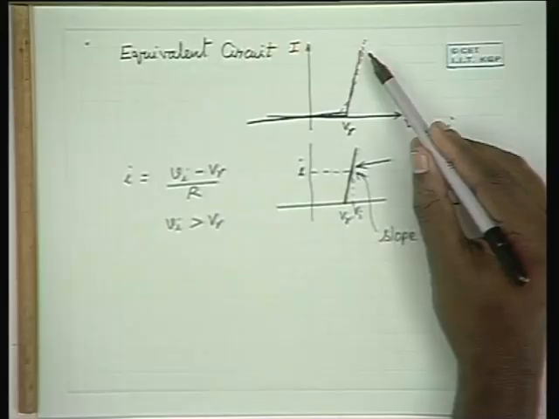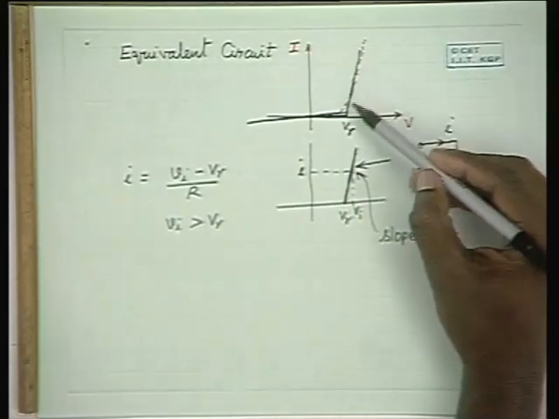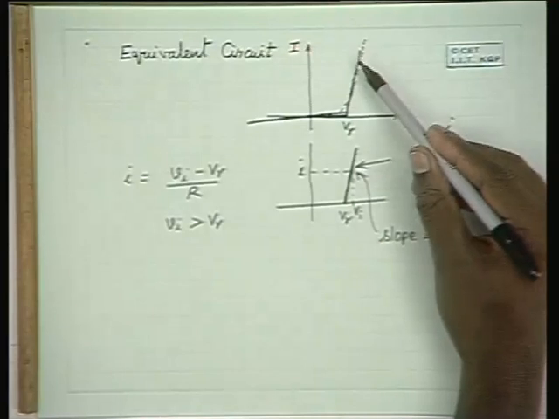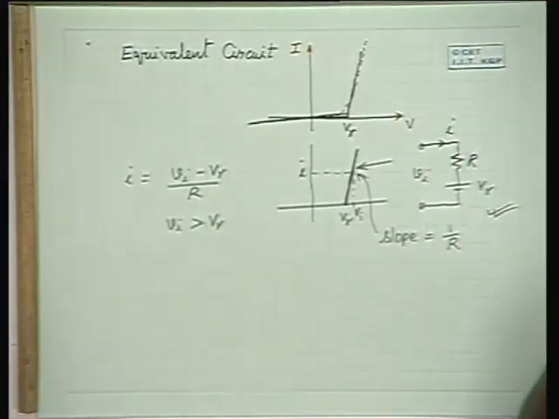It is an approximation, no doubt. But please note that the approximation is very closely valid, because these characteristics can be very closely approximated by this linear equation. Right? So this, I repeat, is applicable for Vi greater than V gamma.